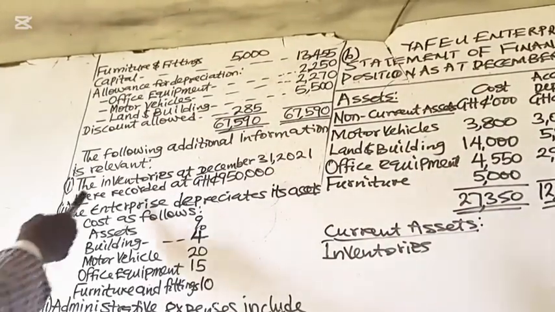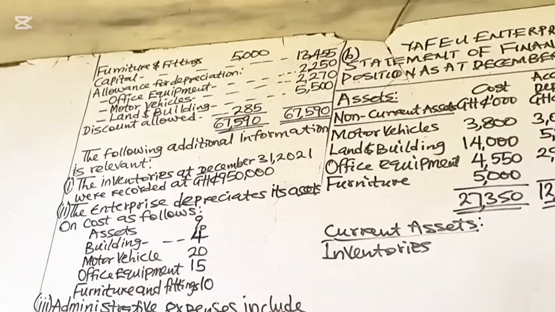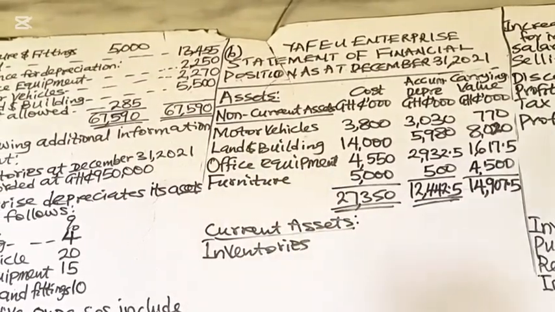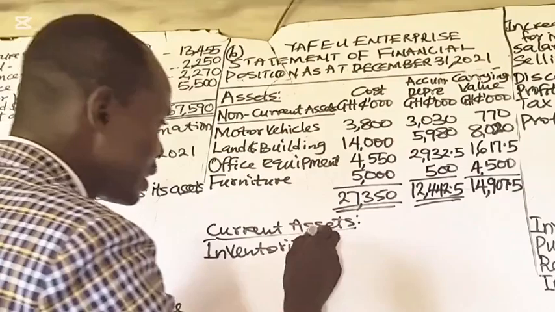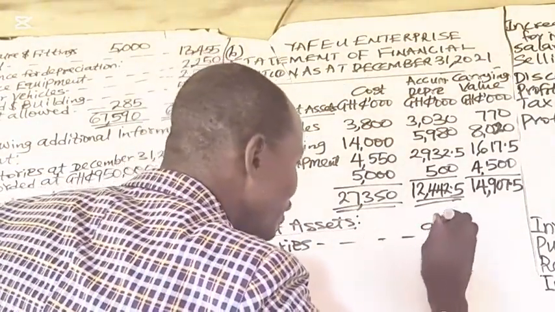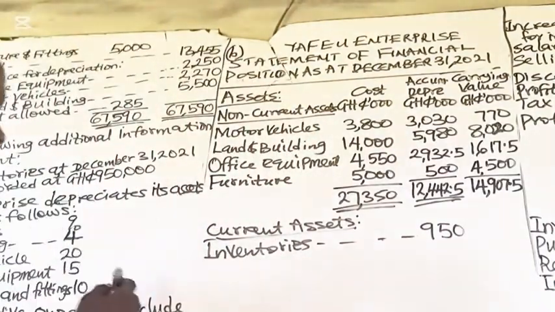You were told the inventories at December 31st, 2021 were recorded at 950,000. So this 950,000 will be shown as the current asset.